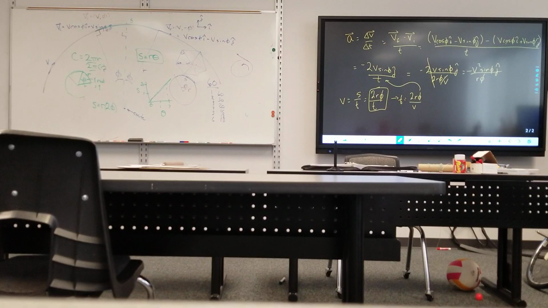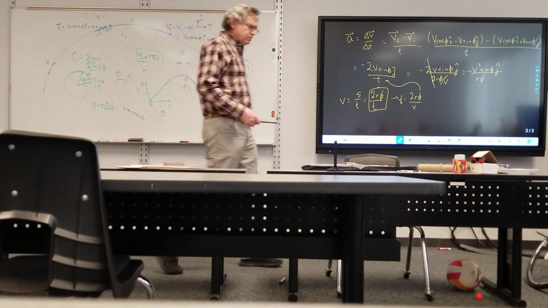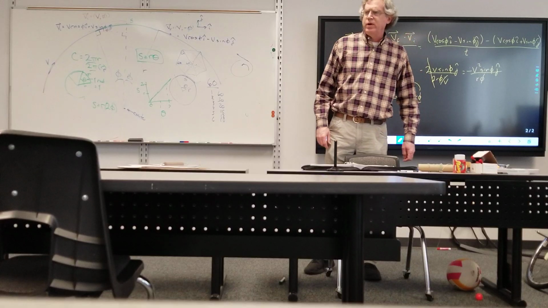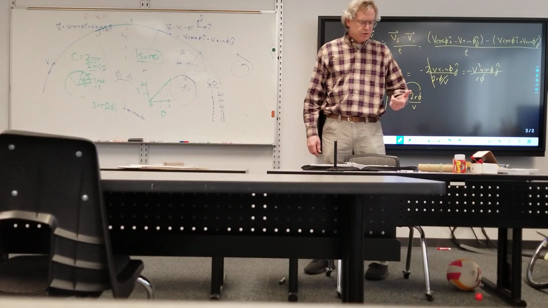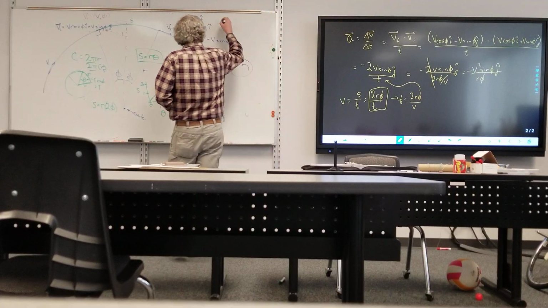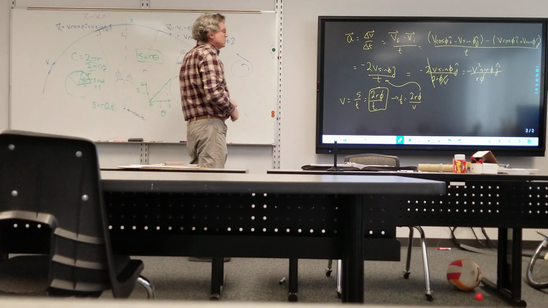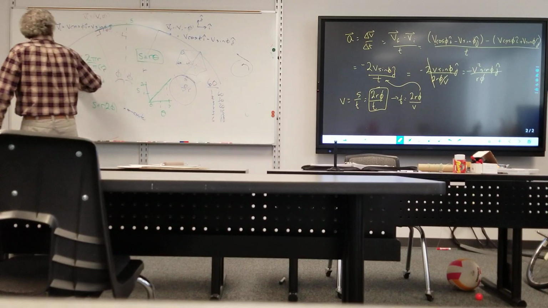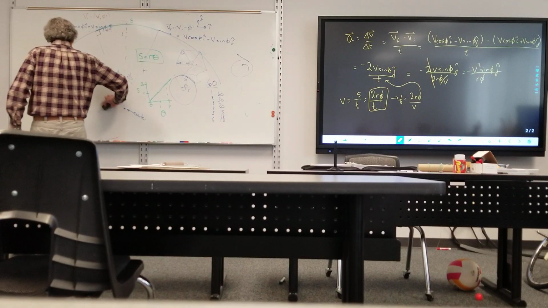Now the small angle approximation. If you've never seen it before, I would suggest that at some point you just play around with your calculator, make sure it's in radians.